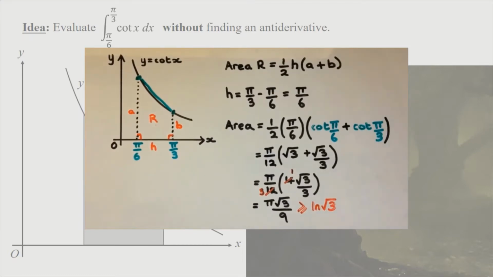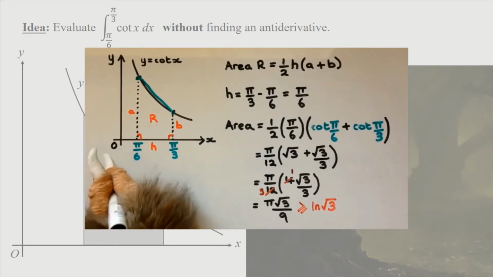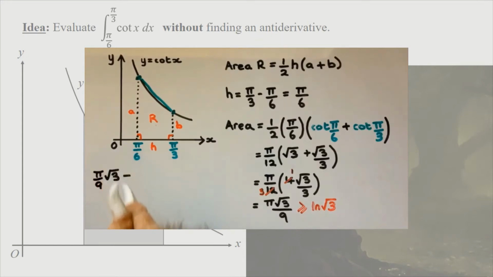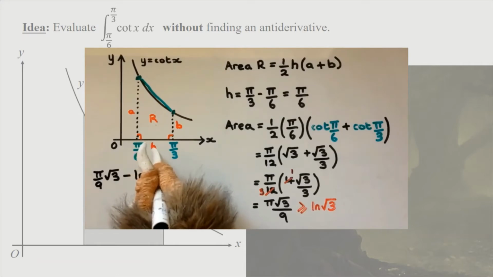Now, if we take the value that we calculated, our estimate, and subtract the real value, I'll do this over here, so we're going to have pi over 9 root 3 subtract the natural log of root 3.